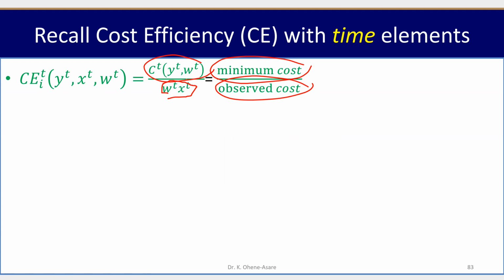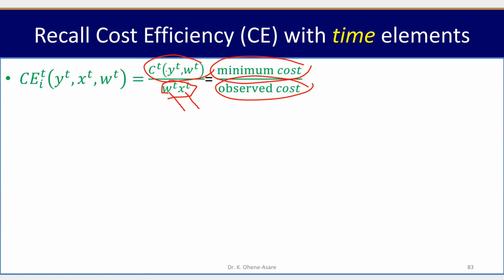You will notice that the minimum cost has Y and W in brackets. But the observed cost has W and X, because W is observed, you see it. X is observed, you see it.